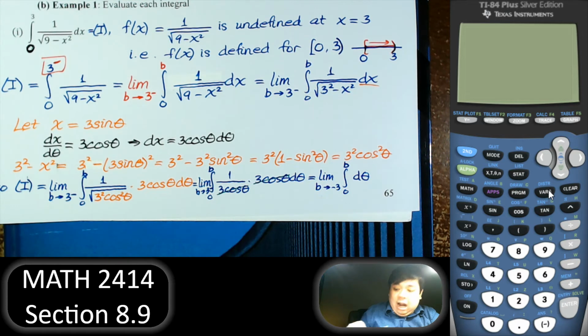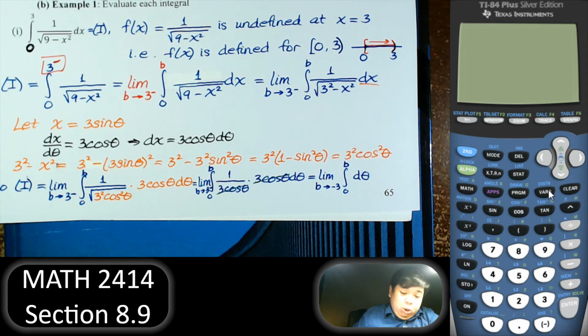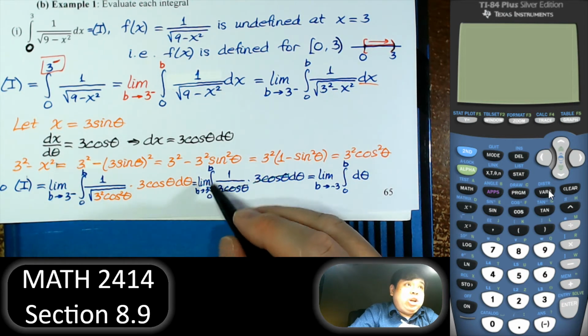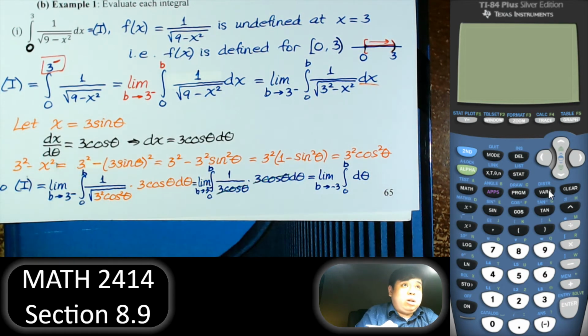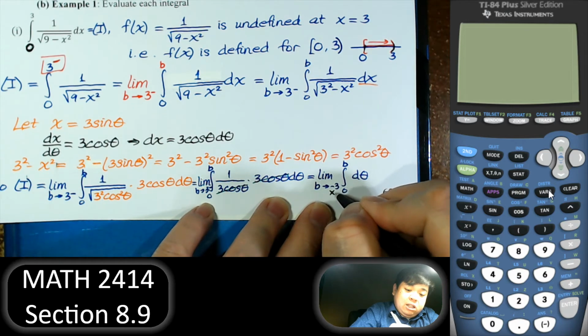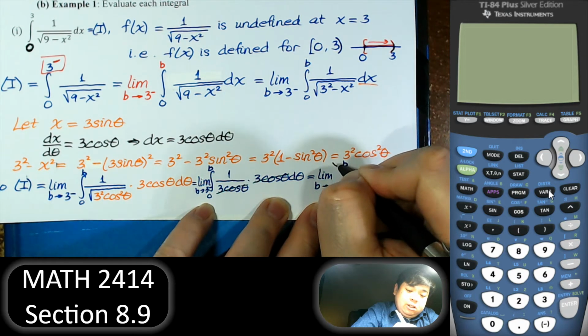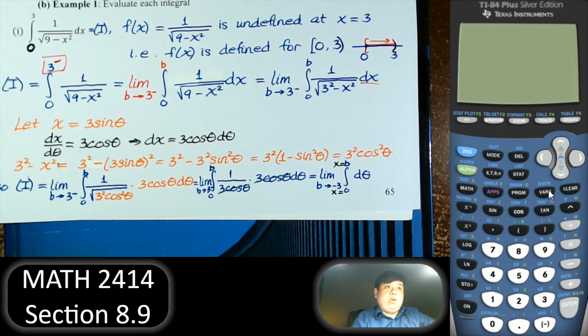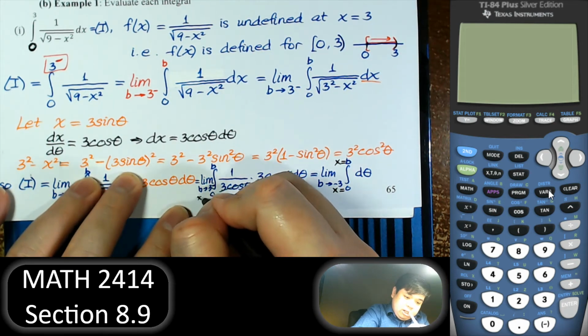Sorry, I ran out of space, so I have to write extra small. However, the important thing here is that those limits we did not change when we did the substitution. So this limit is for x, not for theta. Just want to emphasize that. The limit here is for x.